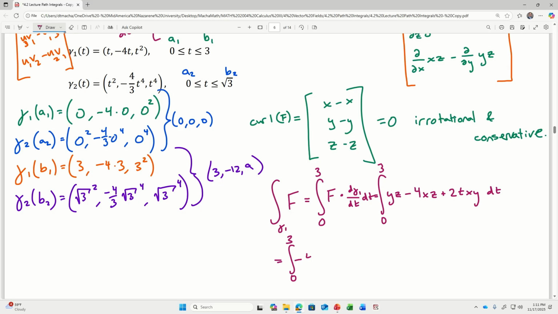This is going to be -4t cubed minus 4 times t squared plus 2t times t times -4t. So it's like minus 8 t cubed dt.